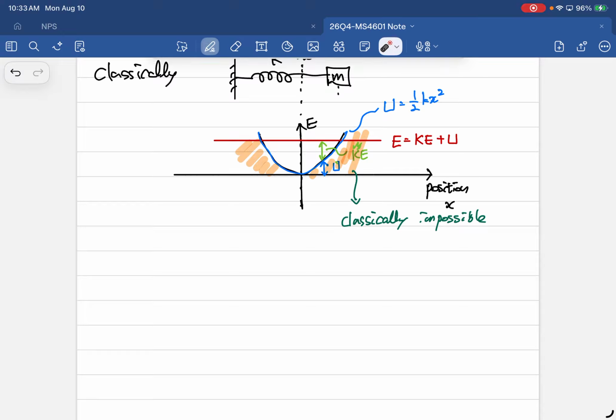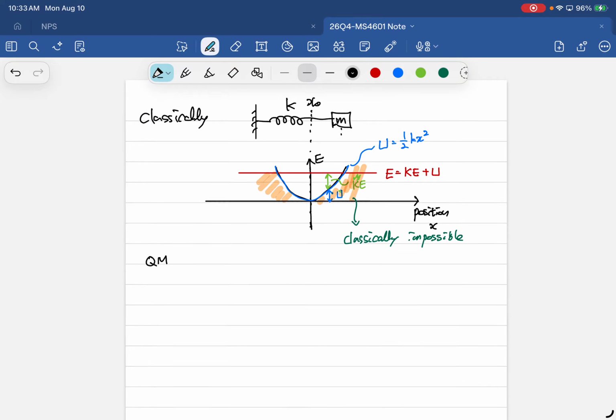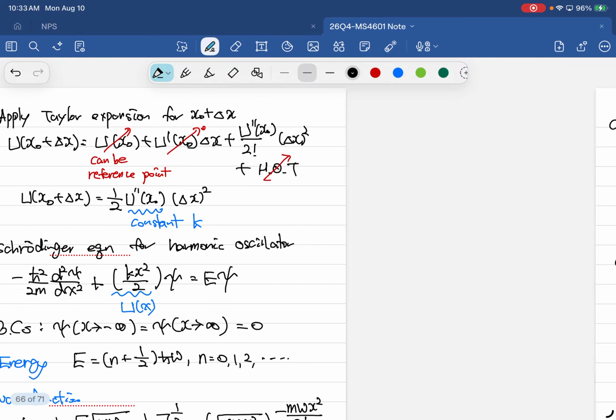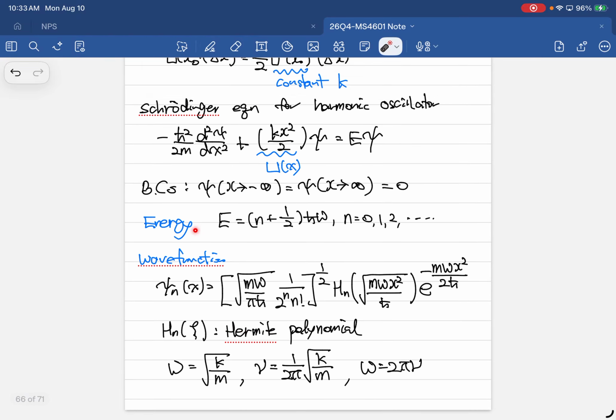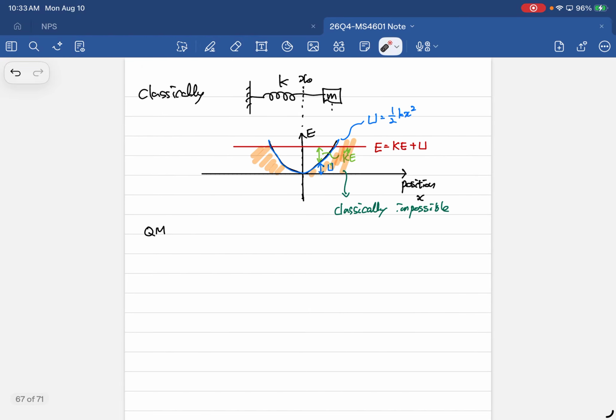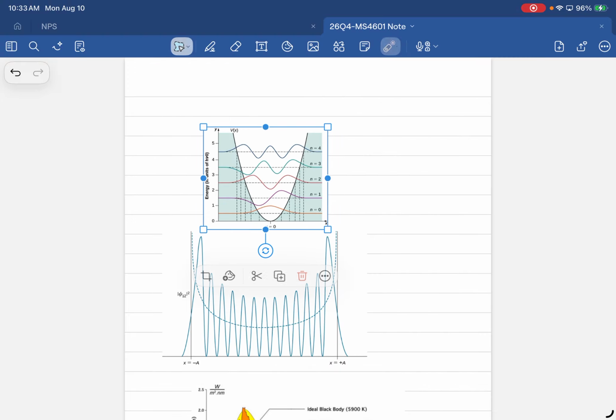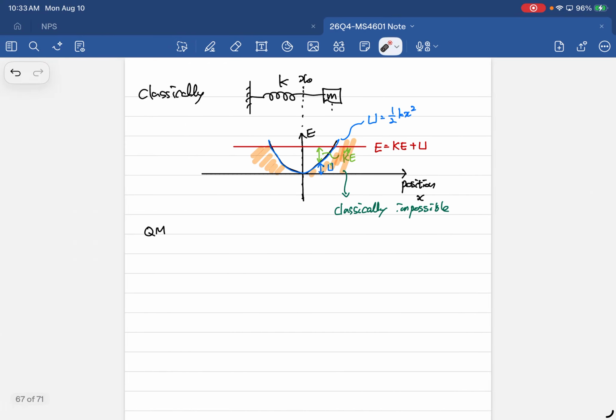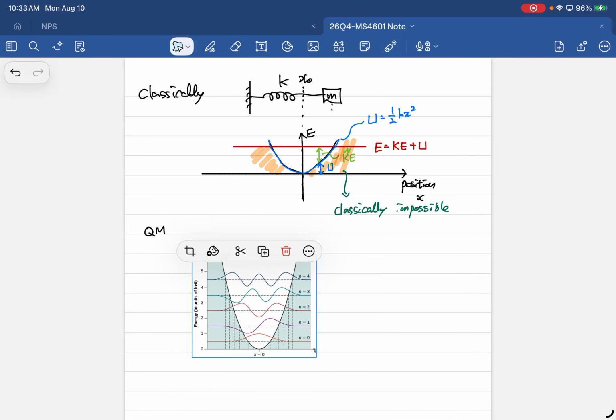Now let us look into quantum mechanics. We are essentially looking at this solution, this part. Let me bring this plot here.